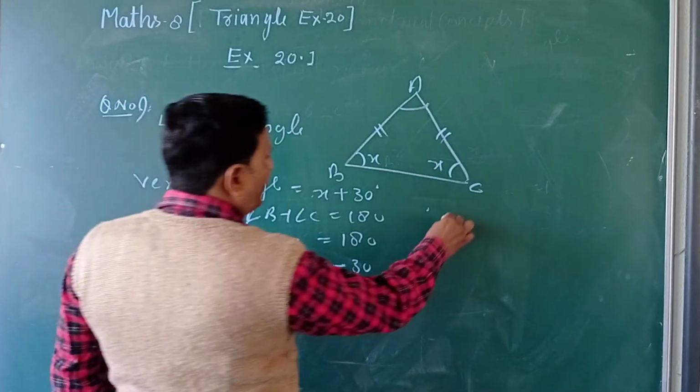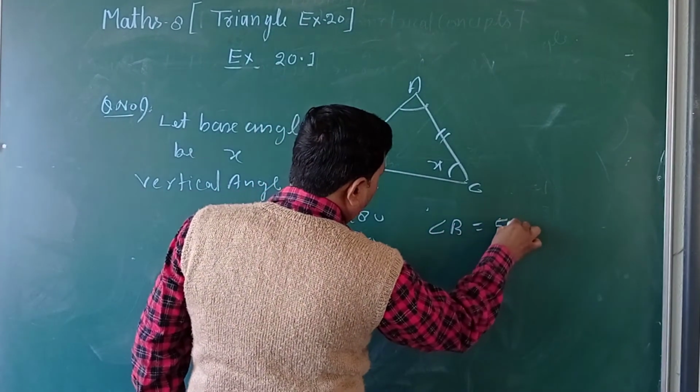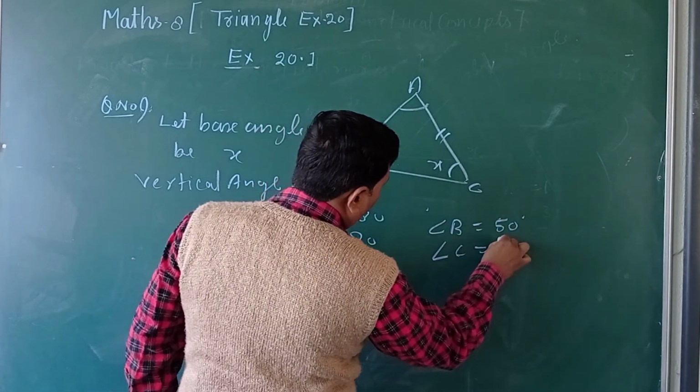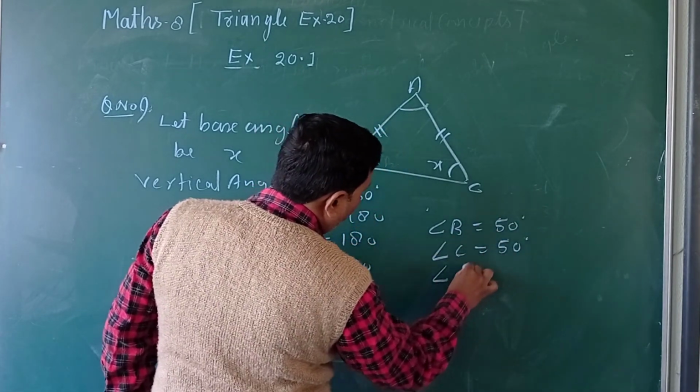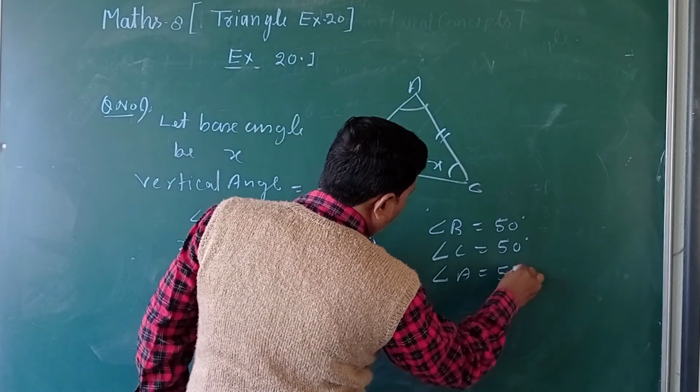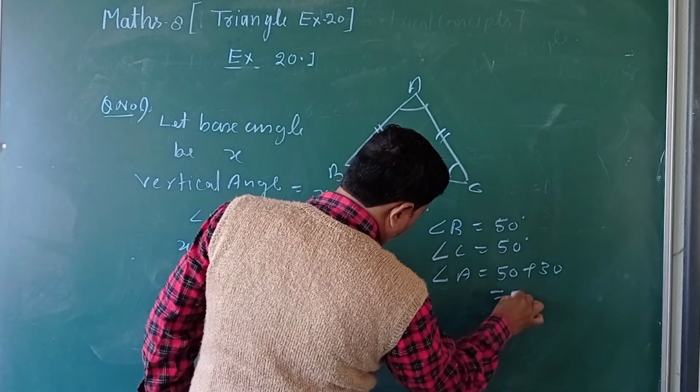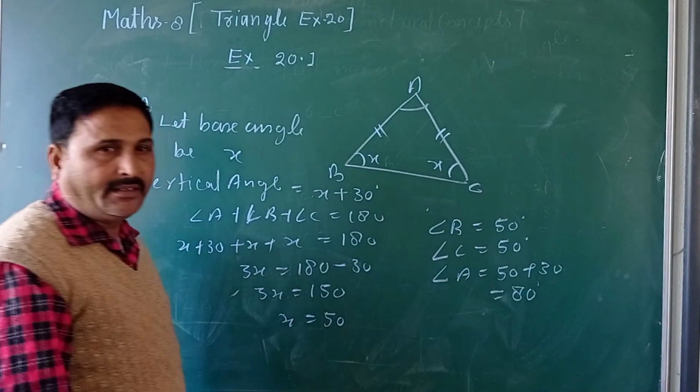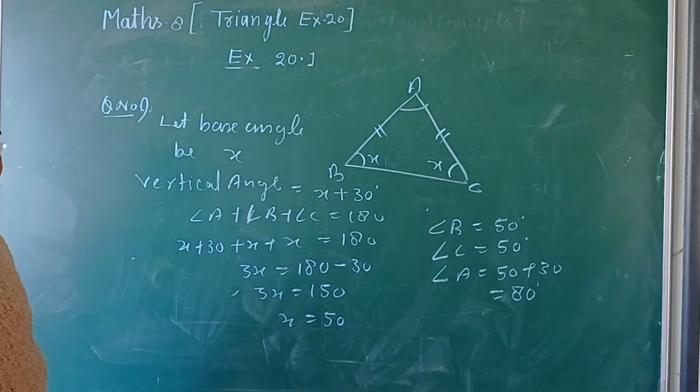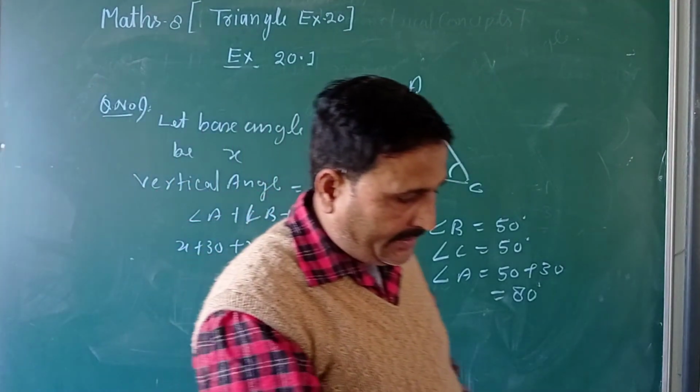Then angle B is equal to 50 degrees, angle C is also 50 degrees, angle A is equal to 50 plus 30, 80 degrees. Similarly, you can solve the other questions also.